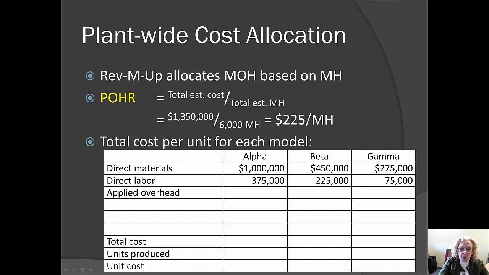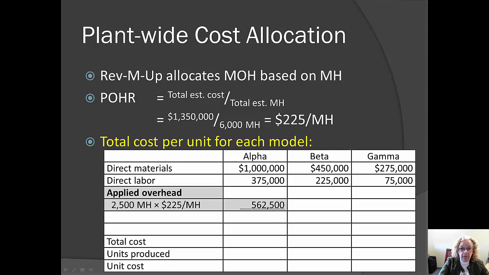When we divide that out, that tells us to give $225 of overhead to any motor for each machine hour that the motor consumes. In other words, we believe that motors that use more machine hours deserve more overhead costs. Let's see how that works out.